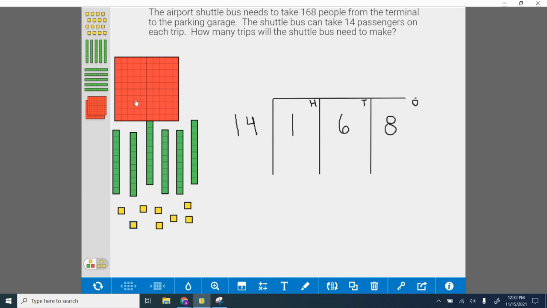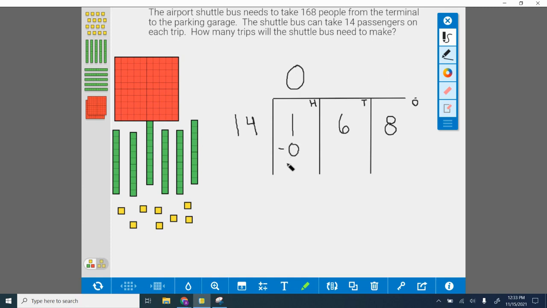Do I have enough hundreds to put into 14 different groups? No, I don't. And so I need to go ahead and notate that.